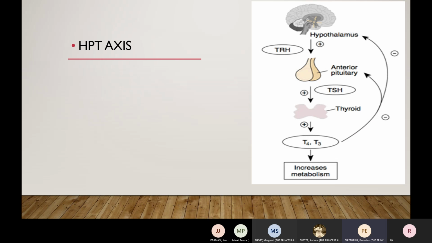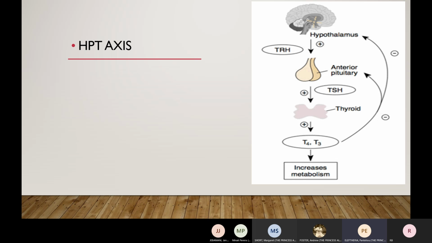Starting with basic endocrine physiology that you all know, the hypothalamic pituitary thyroid axis is central to normal thyroid function. The hypothalamus releases a peptide called TRH in the portal circulation.